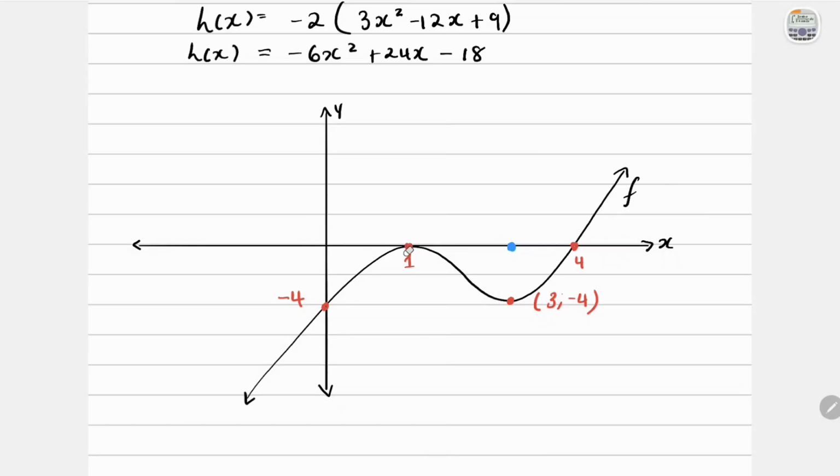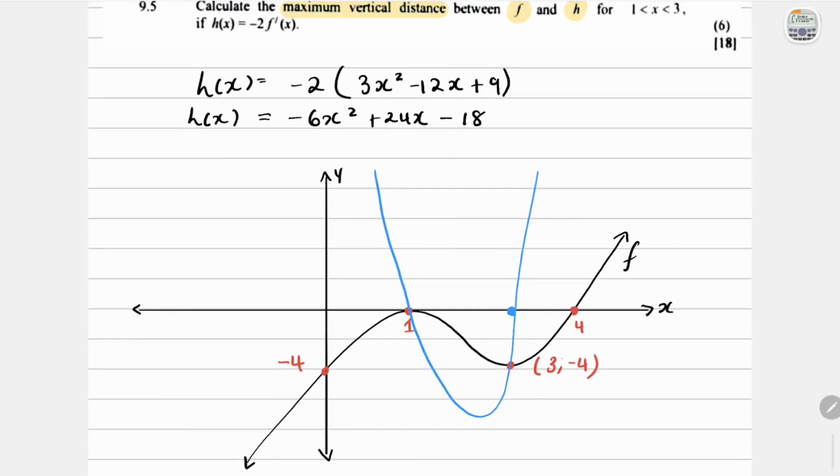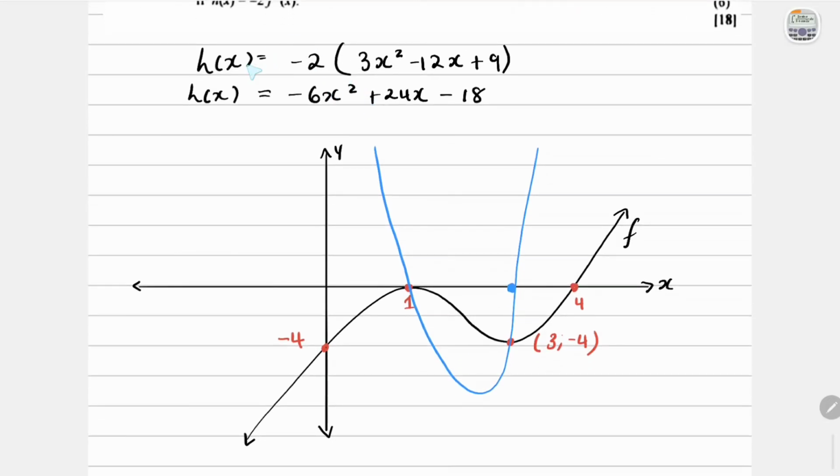And it will also pass here because this is another turning point at 1. So it would have looked like this. I don't know what the y value of the turning point would have been, but this is what it would have looked like. But now we multiplied a negative 2 to it.